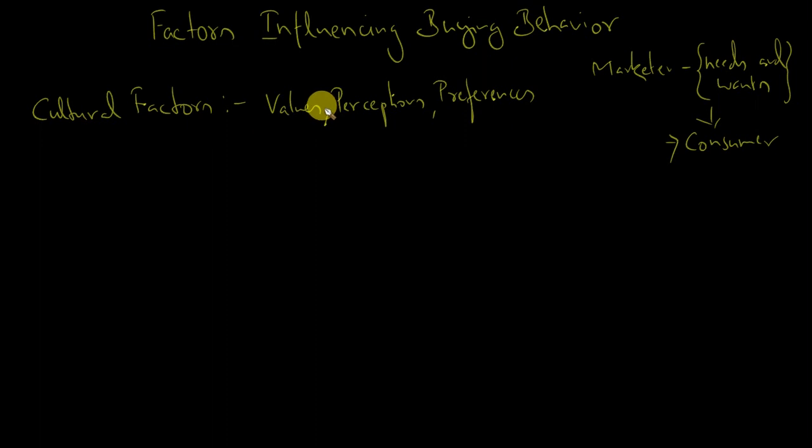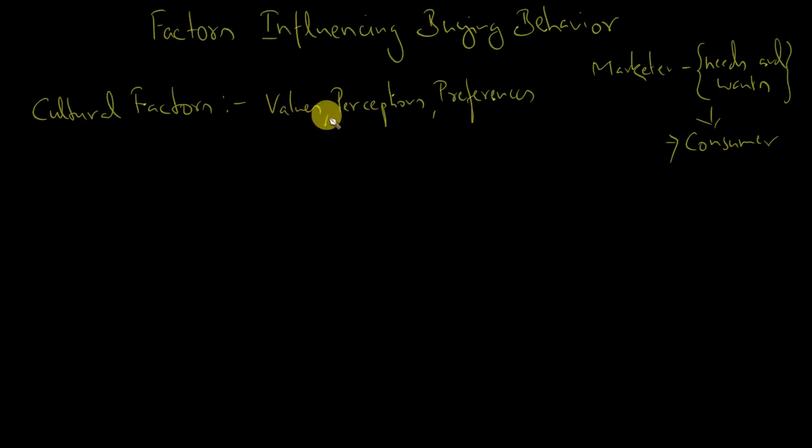For example, if a person grows up in a family which gives very high regard to education, where everybody is very well educated, this person, when grows up, would also want to get highly educated.